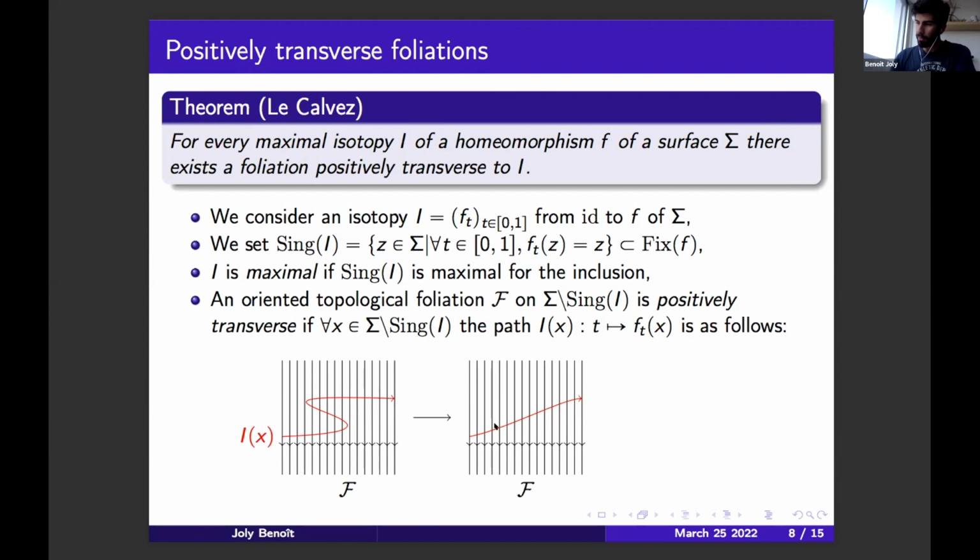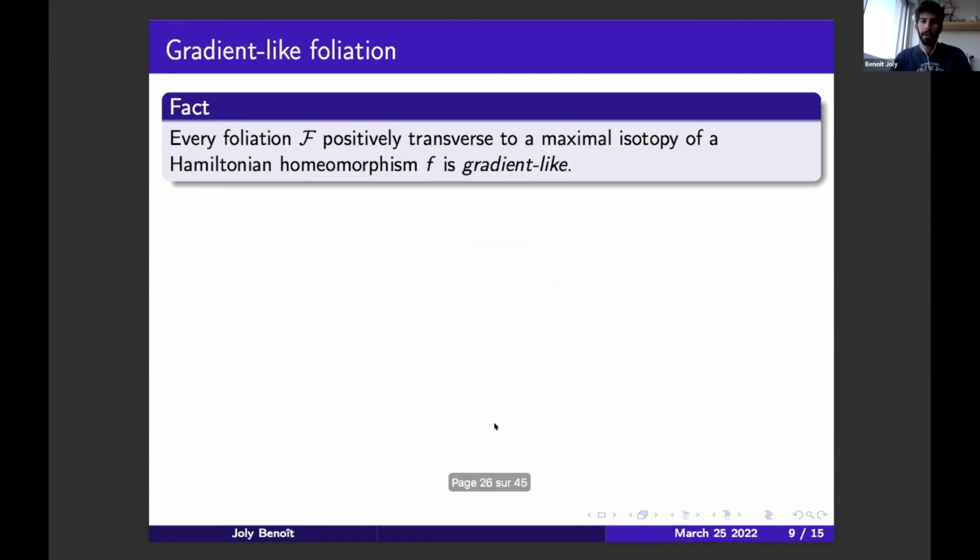And the main fact that I will use: if we consider again a Hamiltonian homeomorphism, we know that we can find a maximal isotopy for it, and every foliation given by Le Calvez theorem is actually gradient-like, meaning that we can consider the leaves of the foliation as gradient lines of a function, like a Morse function, for example.